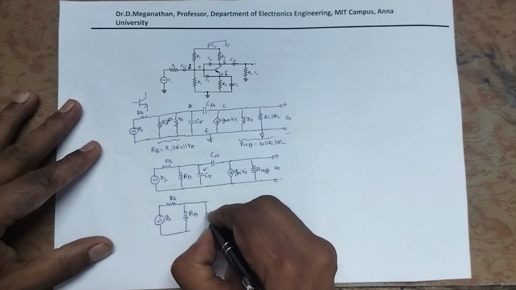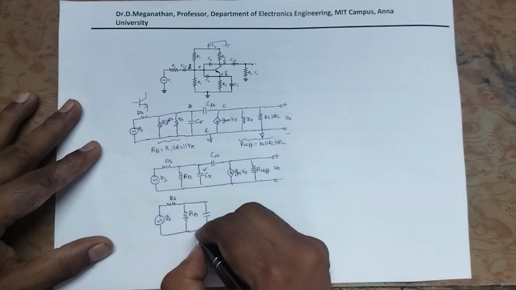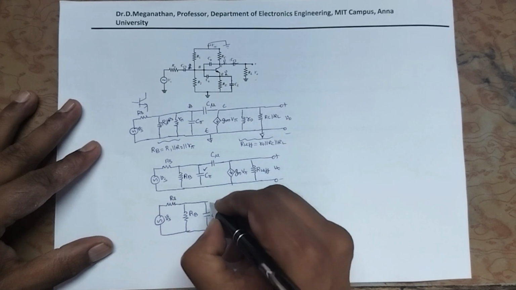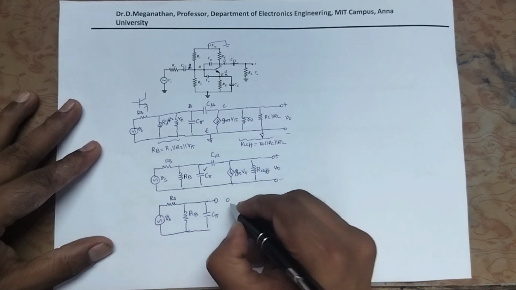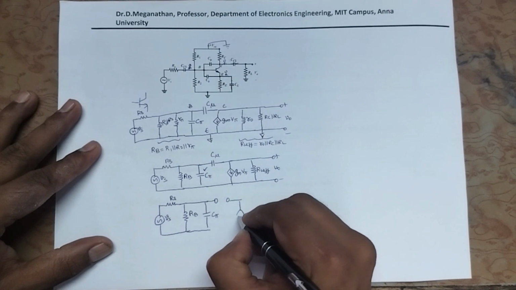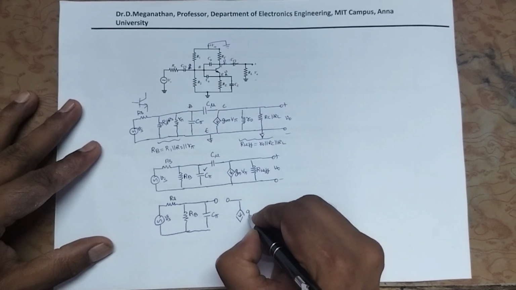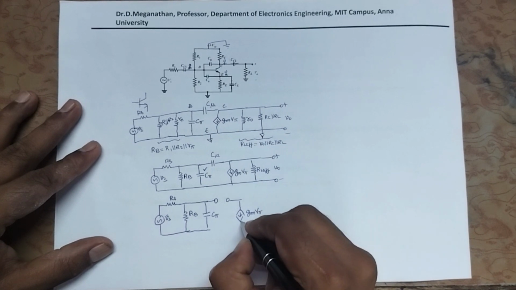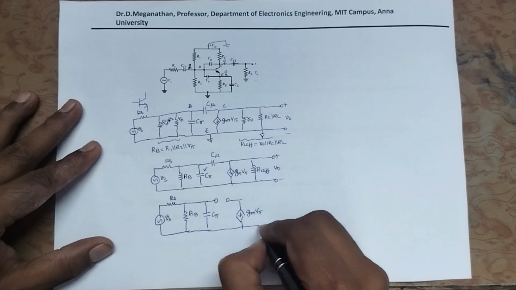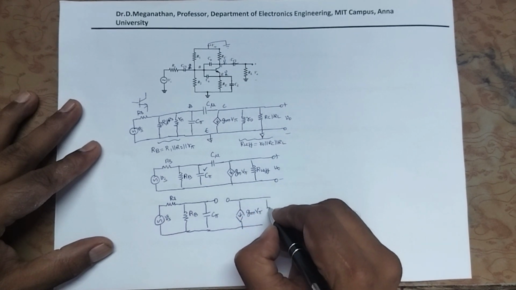We are going to consider C pi and open C mu. This one is gm V pi, RL effective.